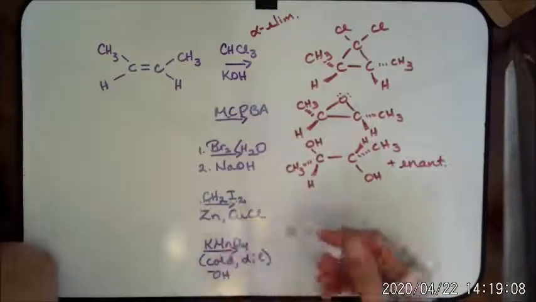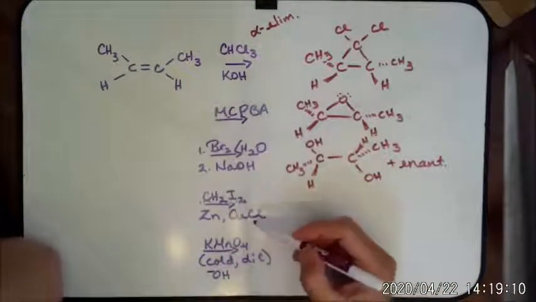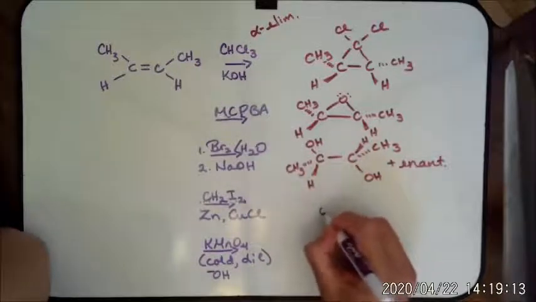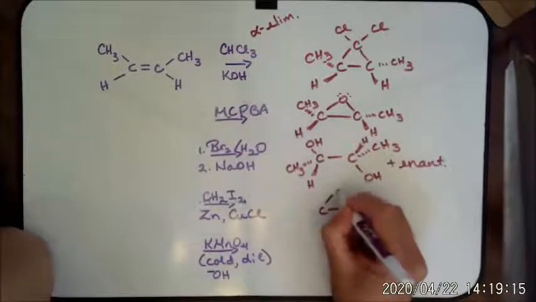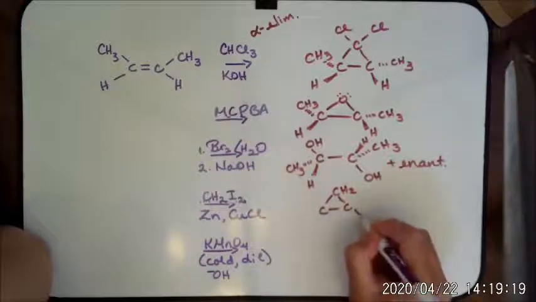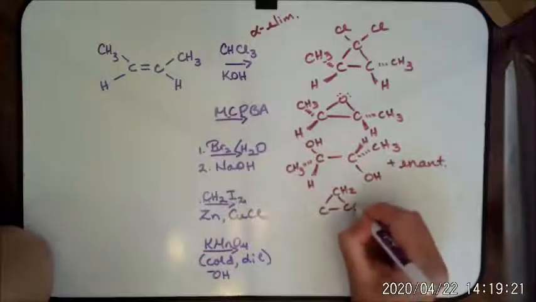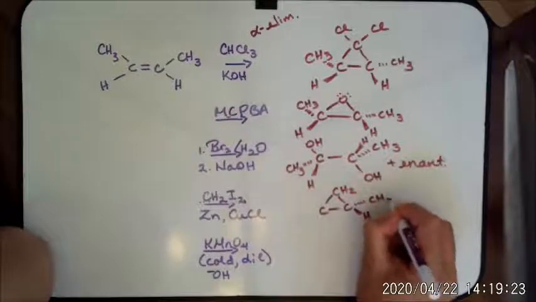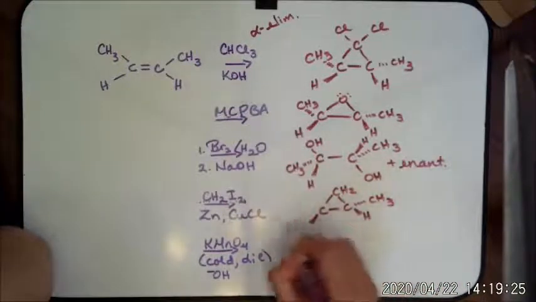Okay? If we do this one, this is making a carbenoid. That's my Simmons-Smith.